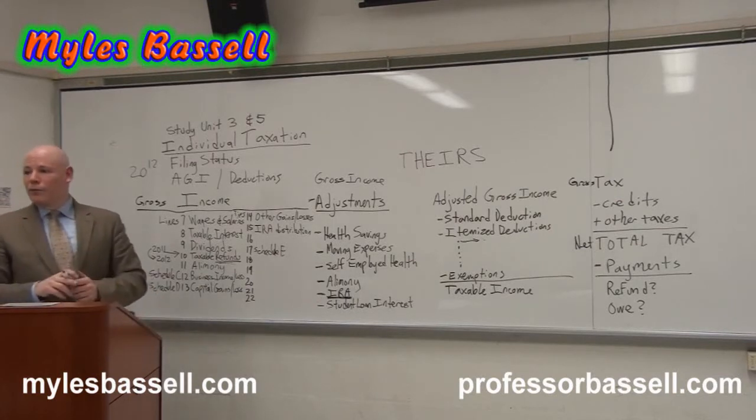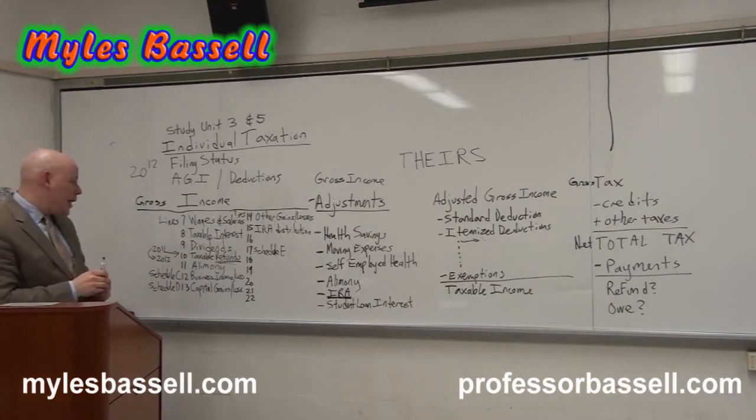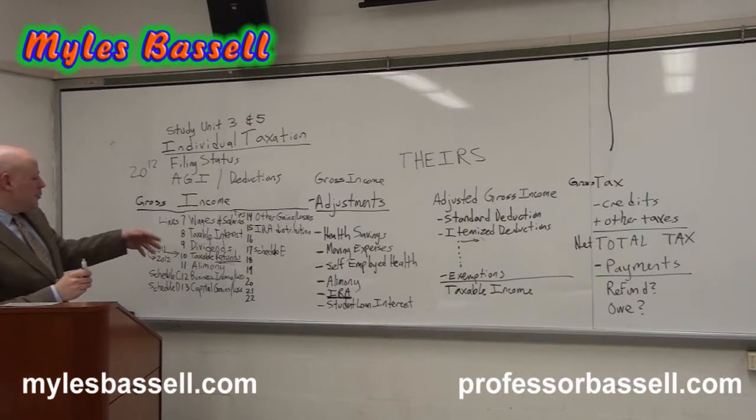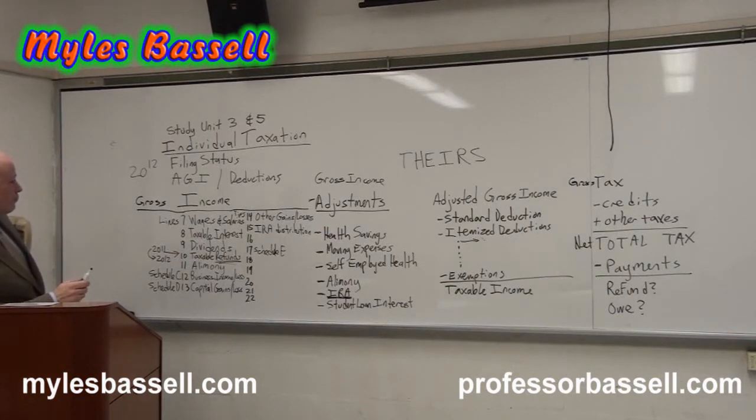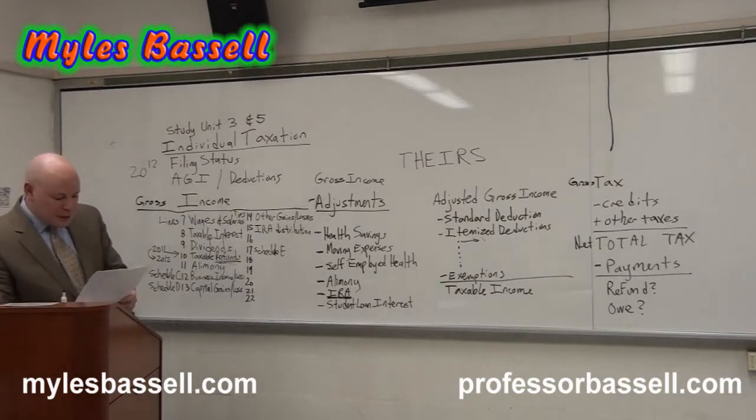Is that the only adjustment that we end up paying tax on? Let's see. Out of these? Yes. Well, this is not all of them, but let me look at the full list and see if there's any others there.